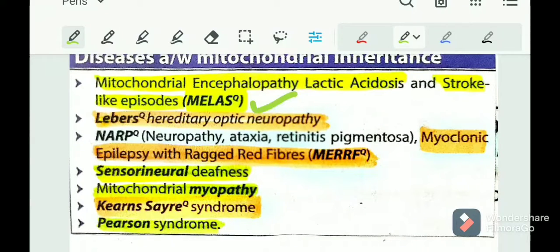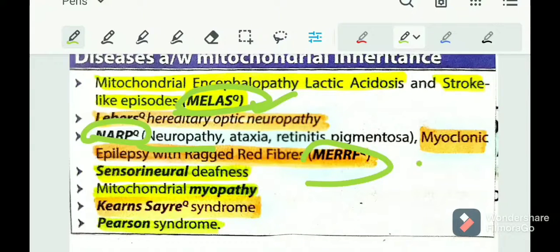MELAS is mitochondrial encephalopathy, lactic acidosis and stroke-like episodes. Then NARP, that is neuropathy, ataxia, retinitis pigmentosa. And then MERRF, myoclonic epilepsy with ragged red fibers.